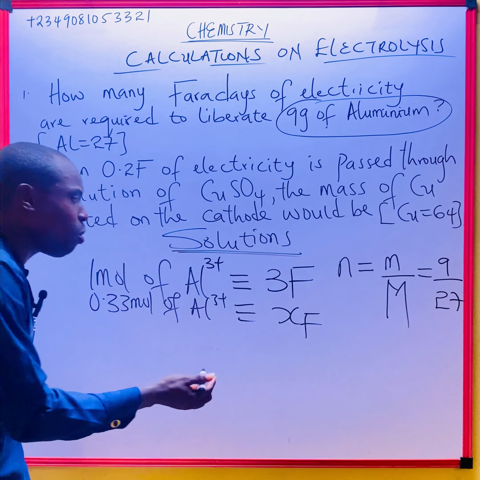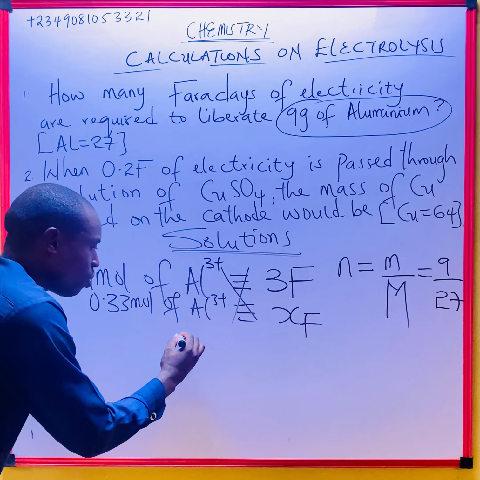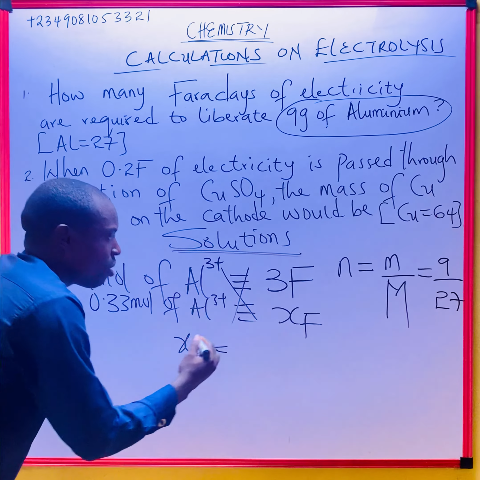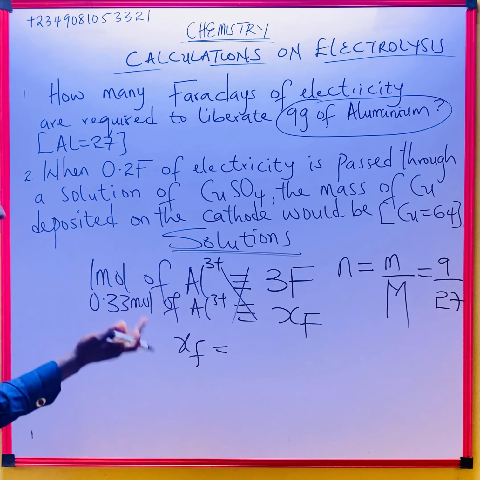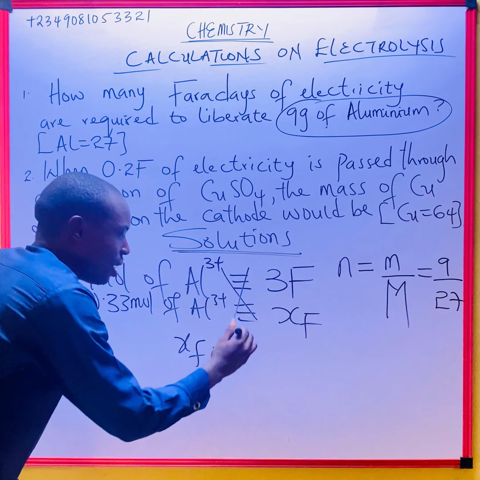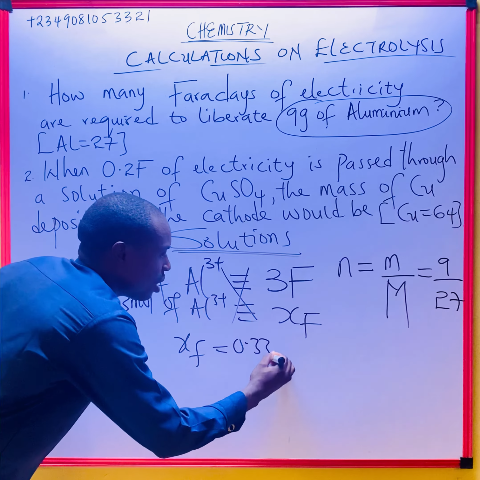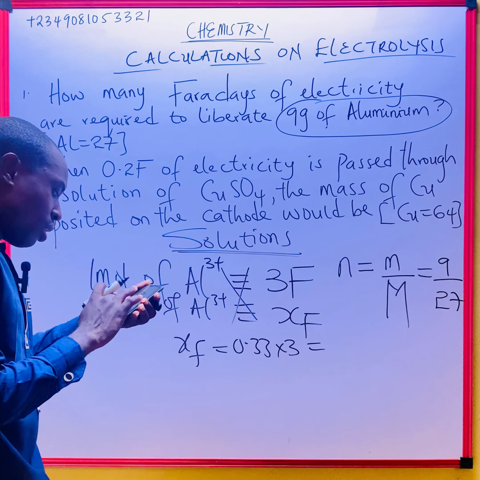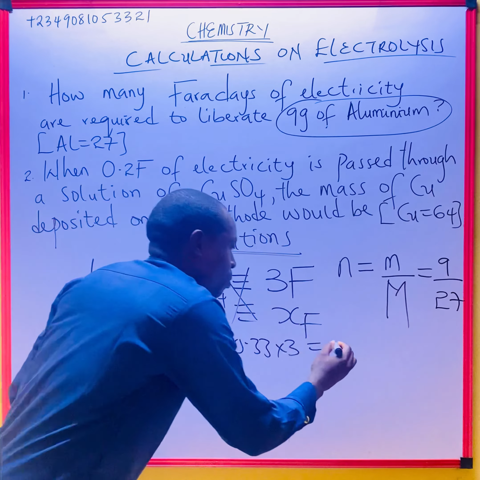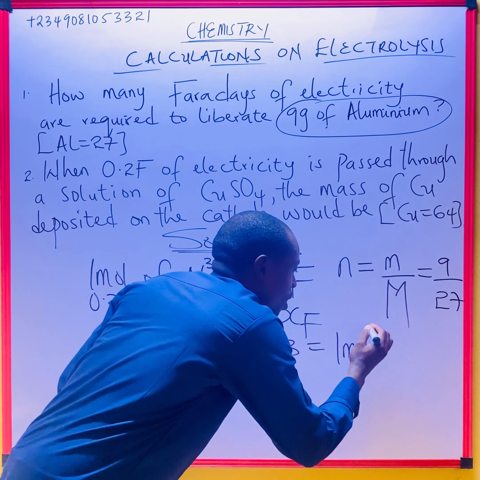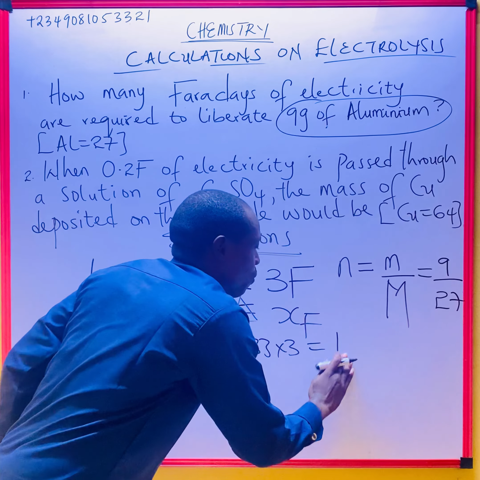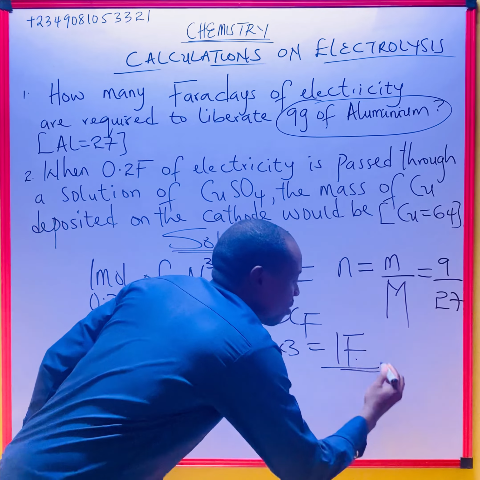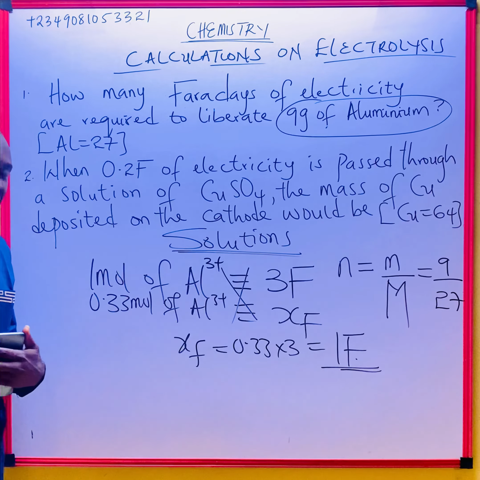So what do we do? It's simple. I just cross multiply. So x farad, remember, x times 1 is 1. 0.33 times 3 will give me 1 farad. That is all. Final answer.